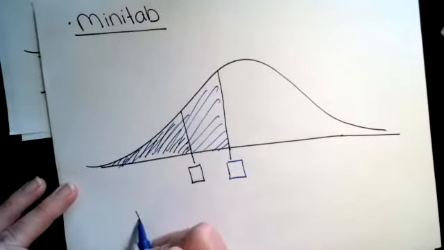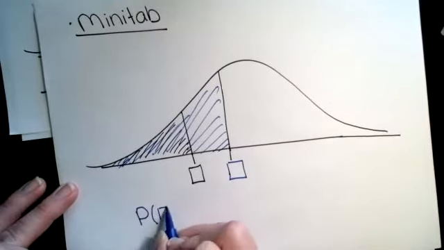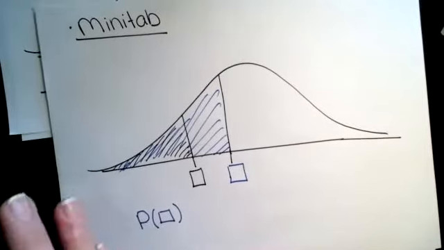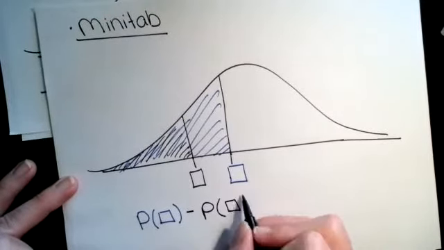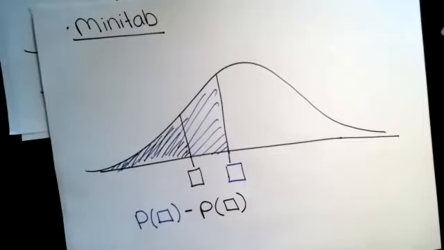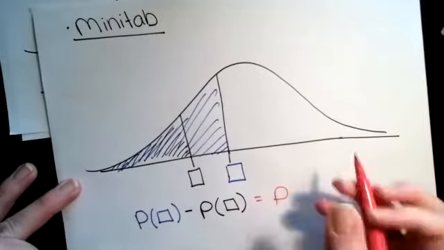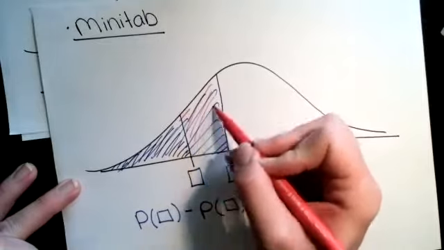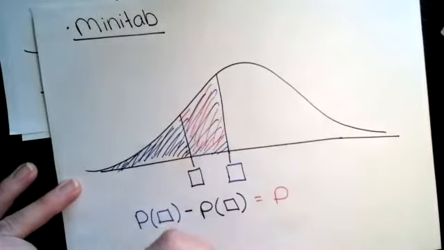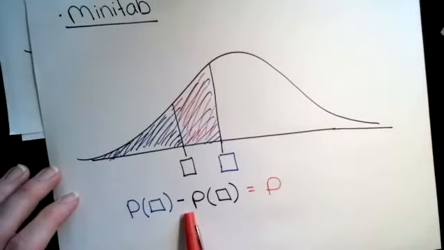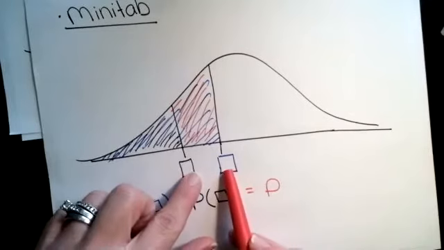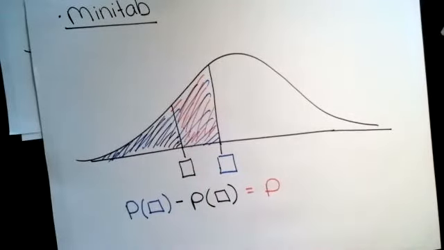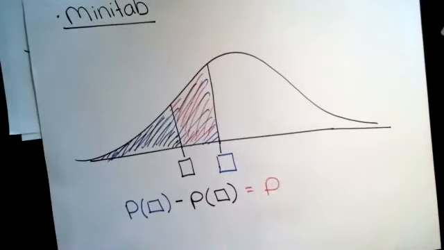So what happens is I'm going to take the probability that I got from the blue square, and I'm going to subtract the probability that I got from the black square, and I'm going to end up with this probability in between the 2. And that's what I was looking for. So all I'm getting at is you have to do this subtraction yourself. With our calculators, the calculators do it. We give it the 2 values, it will calculate in between. Minitab doesn't do that for us. Minitab always just gives this area to the left. I have to do the subtraction.